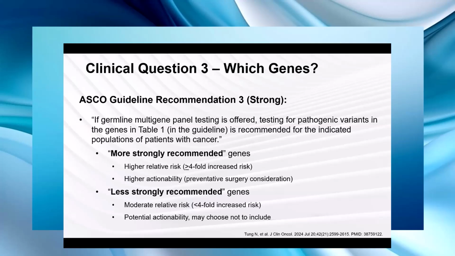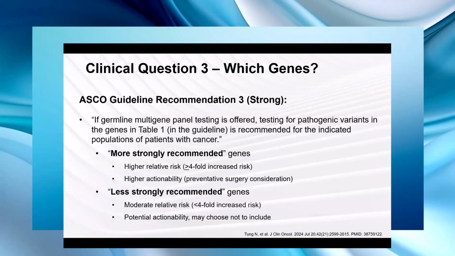So this table then is further divided into two sections of more and less strongly recommended genes to test. And they indicated that those which were more strongly recommended should be tested in all patients with that cancer subtype. So again, a strong recommendation by the group here that says, if germline multi-gene panel testing is offered, testing for pathogenic variants in the genes in Table 1 is recommended for the indicated population of patients with cancer.